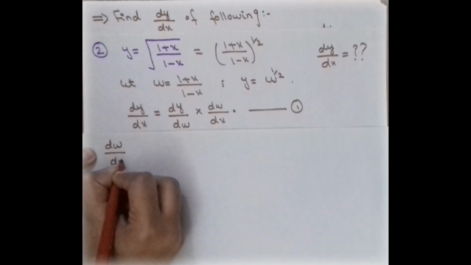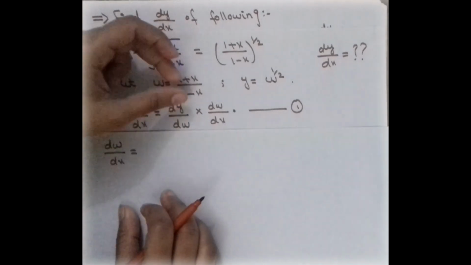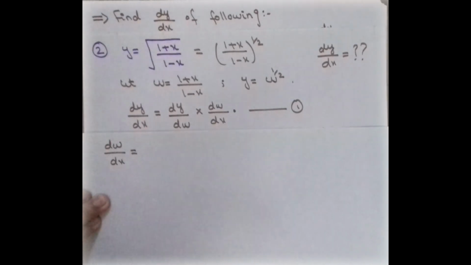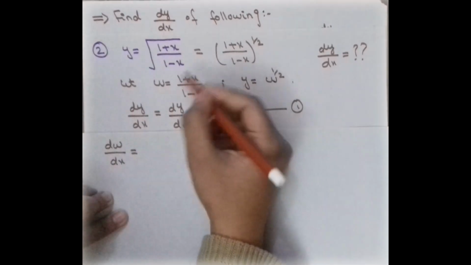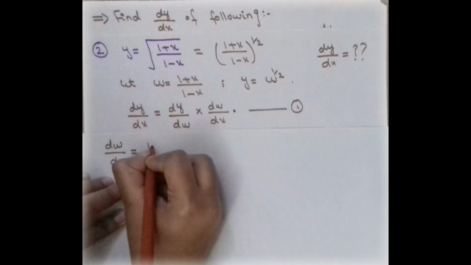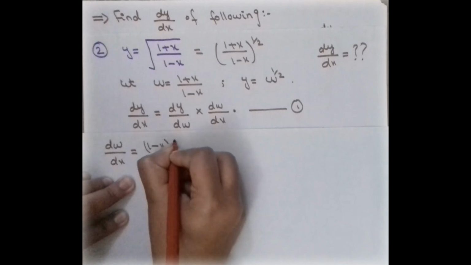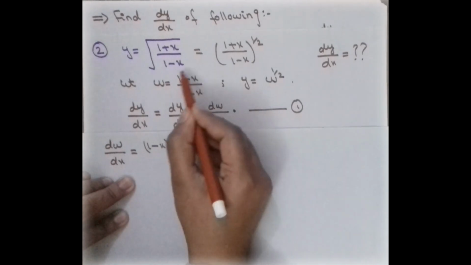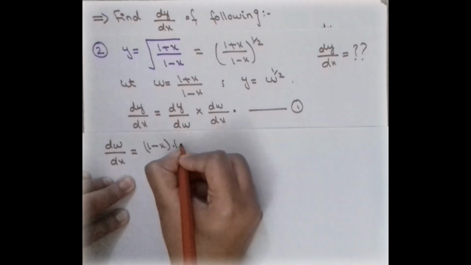Here we apply the quotient rule. How to apply the quotient rule, the link is in the description for the complete video on how to take the derivative of a quotient. The term in the denominator, write it simply, multiplied by the derivative of the term in the numerator, so it will be 1.